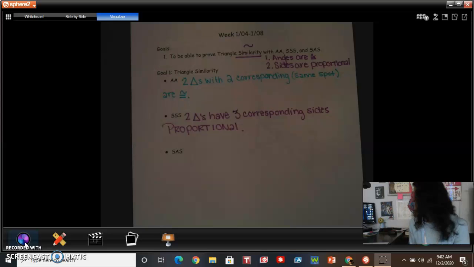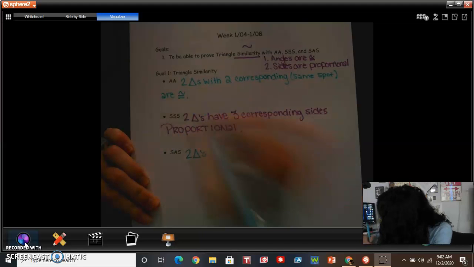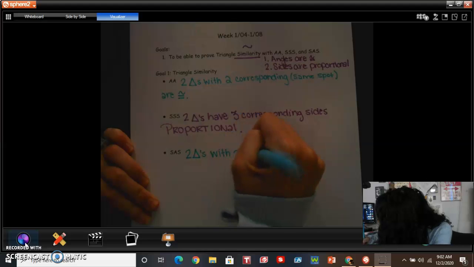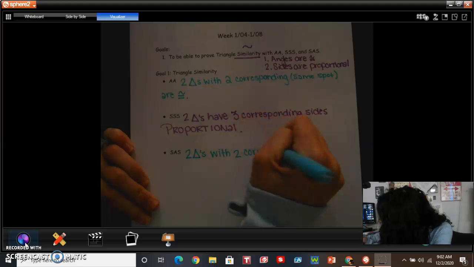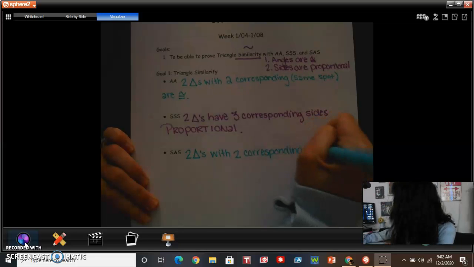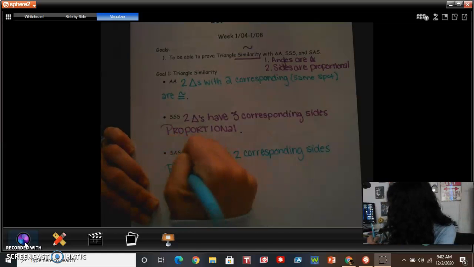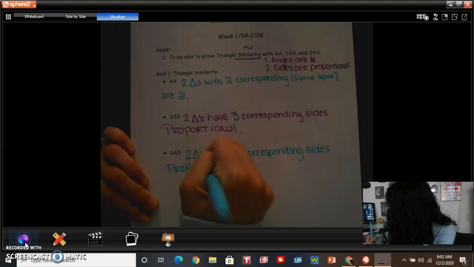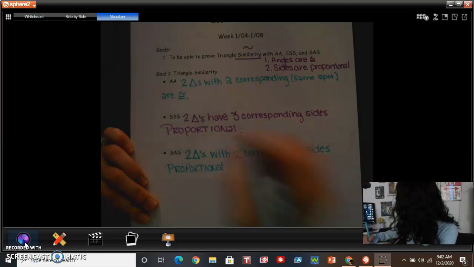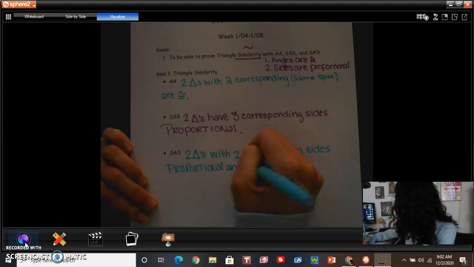All right, and then side-angle-side means we have two triangles with two corresponding sides proportional, and the included angles congruent.